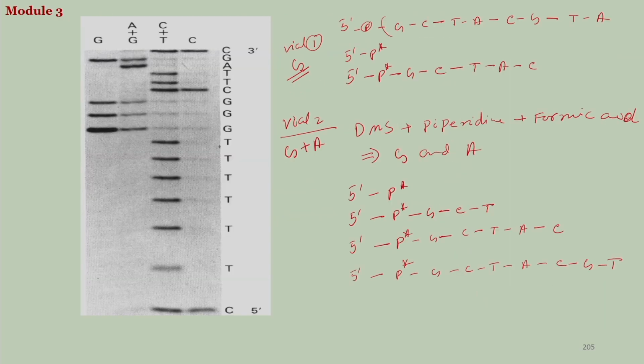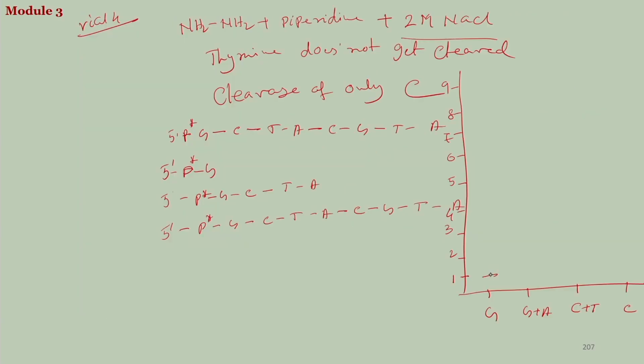The first length will be the single phosphate that we have got, single phosphate here, that was obtained from vial G. So, G vial, first vial, G vial contains bands at 1 and 6, 1 and 6, 2 bands here.